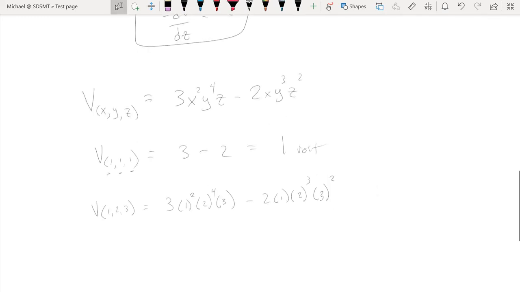And then we need to evaluate this. So we have 3 times 1 times 16 times 3, minus 2 times 1 times 8 times 9. So we would have to carry out the multiplication for that and take the difference. I need my calculator to do that.